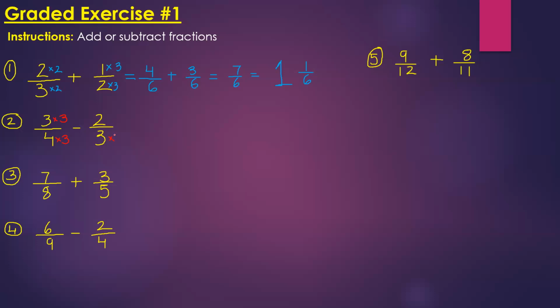So we times 3 by 3, and we times 2 by 4, which equals 9 over 12 and 8 over 12. Then we subtract both, which gives us 1 over 12. Very good, Chai.